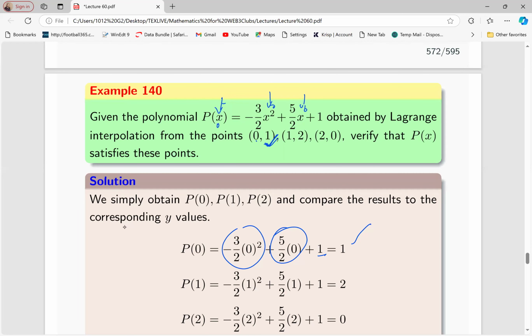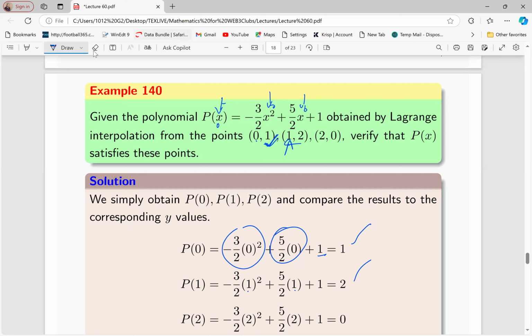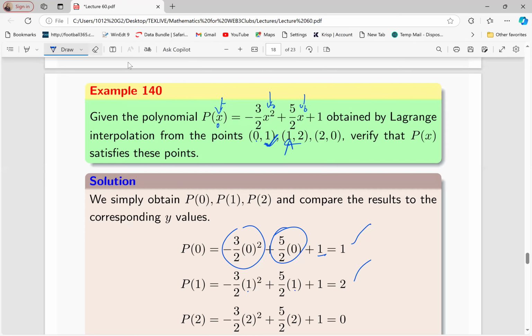Then you check the second: what you get when x is 1. Where there is x, put 1, and you find that. Okay, that's how you do that.